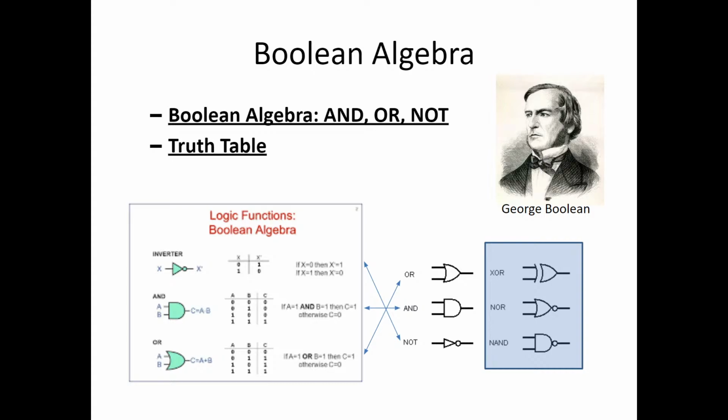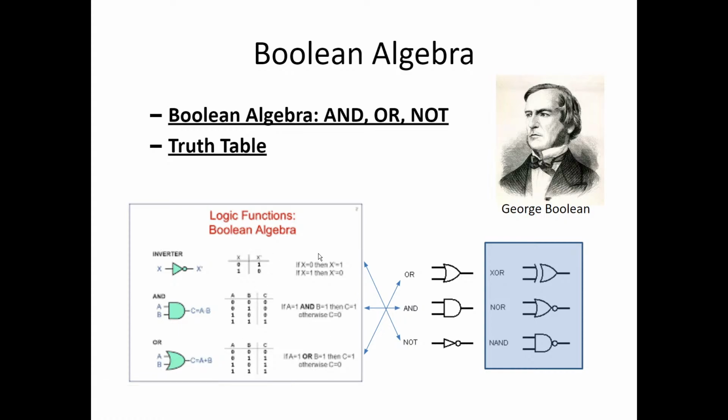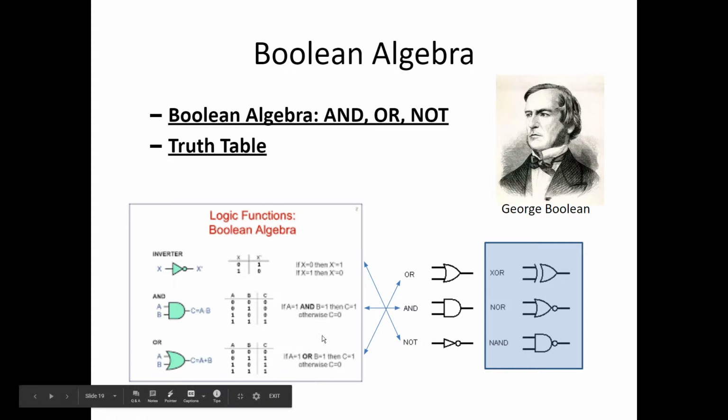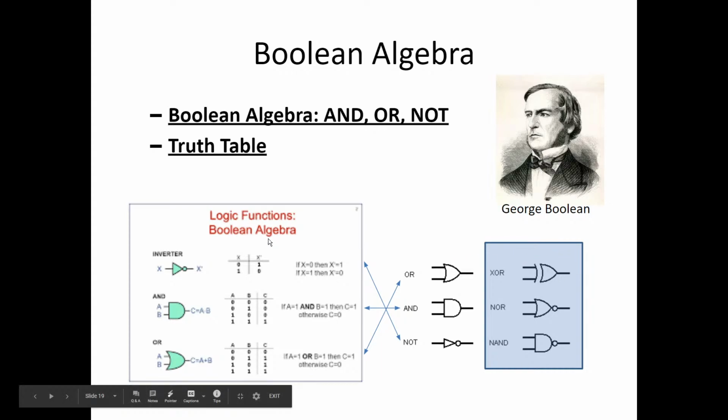Over here, we have and, or, not, and these symbols, then this table of values, and then the rules that these symbols and values follow, and here are the actual symbols, and a combination of them. We're going to get into this in more detail.